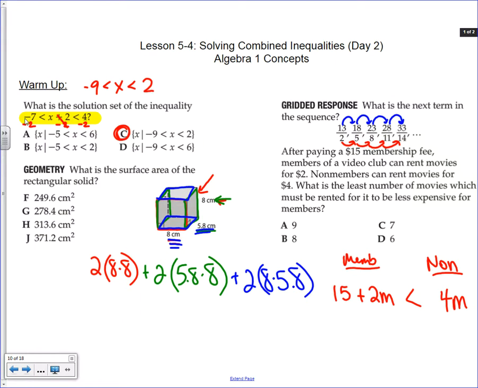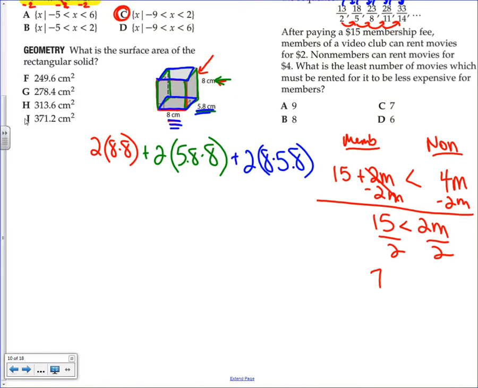Now we're going to go ahead and solve that inequality. Go ahead and get your variables together. I'm going to move the smaller one over, 15, and this will be 2m. Then we'll divide, and this will give you 7.5 and m.